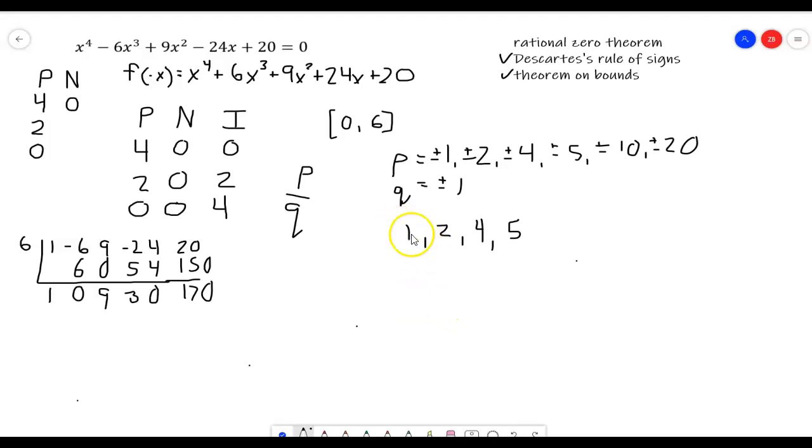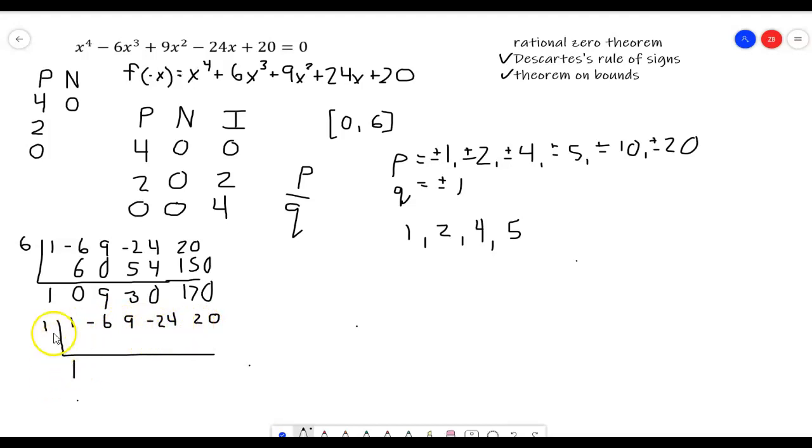So let's go ahead and use synthetic division on these 4 and see if we get any solutions here. All right, so let's try it on 1. So we have 1, negative 6, 9, negative 24, and 20.